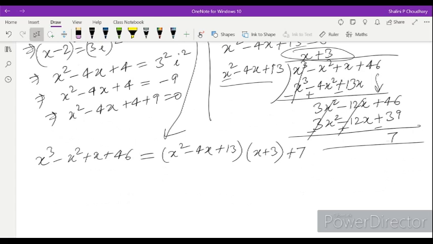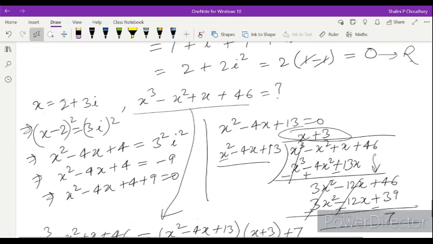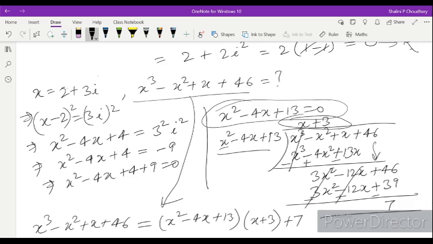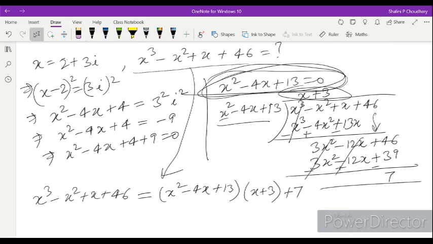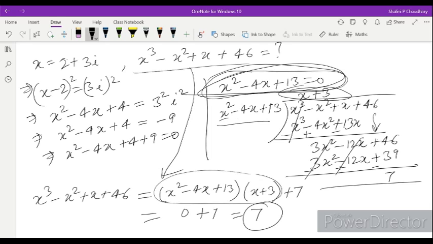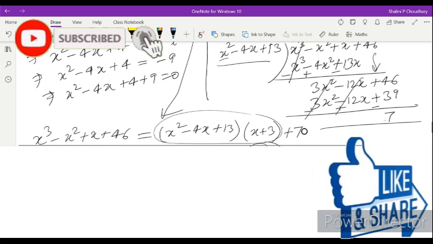Now since x square minus 4x plus 13 is equal to 0, this whole thing will become 0, because x plus 3 into 0 will be equal to 0 plus 7. So the value will be equal to 7.